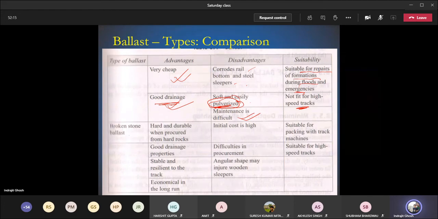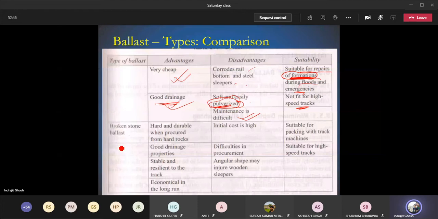Most of the tracks get washed away, so there will be stability related issues. Now, instead of bringing the materials from distant places, we use coal ash or cinder, which are readily available at a comparatively cheap rate for the repair of the formation. So it is repair of the formation, the base layer, which is getting washed away.